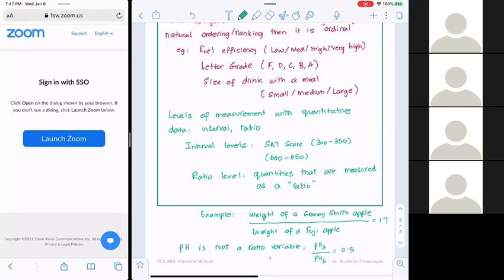By all means, it's not a linear relationship between a solution that has a pH of 3 and one that has a pH of 6.